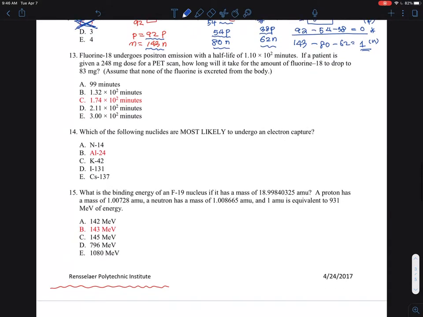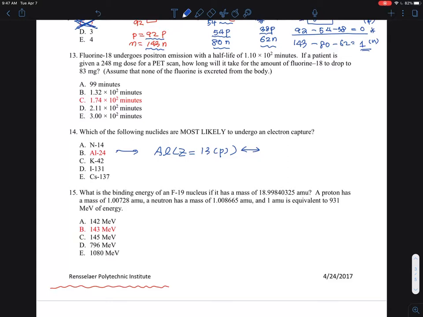And number 4 is most likely undergoing electron capture, and this is related to what I talked about today. If you look at aluminum, the Z number, the number of protons, is 13, right? 13 protons, and so this makes it aluminum 24.